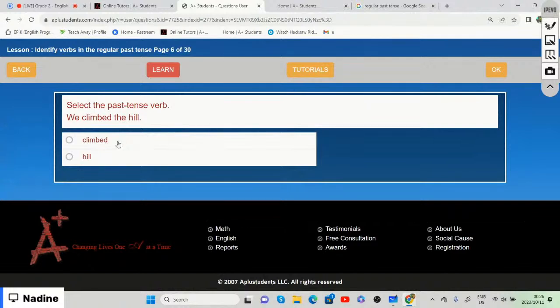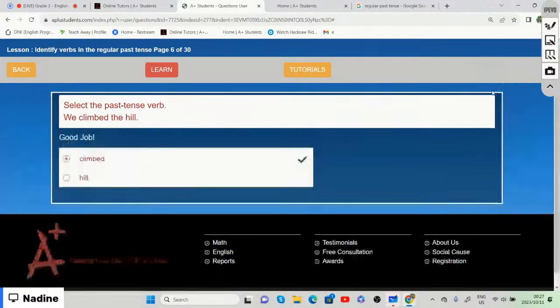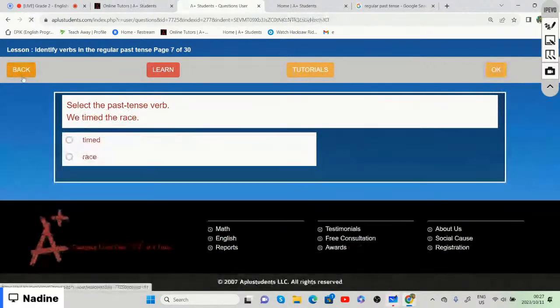So we will go with climbed. If we break it down, we can say climb, and we added an ED to show that it is in the past tense. So we climbed the hill. So climbed is, there we go. All right.